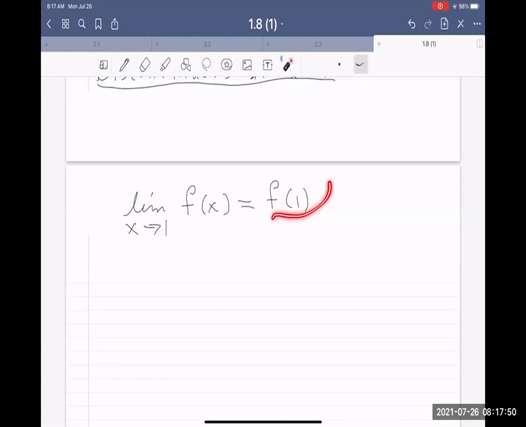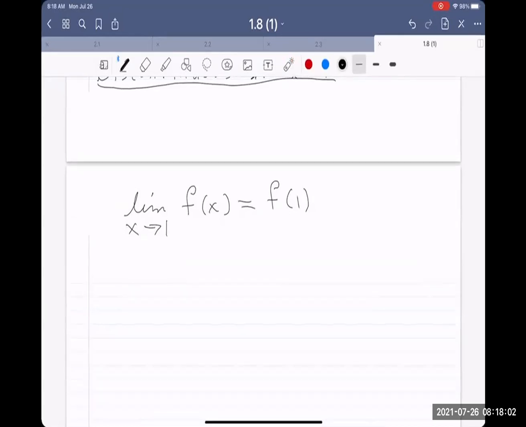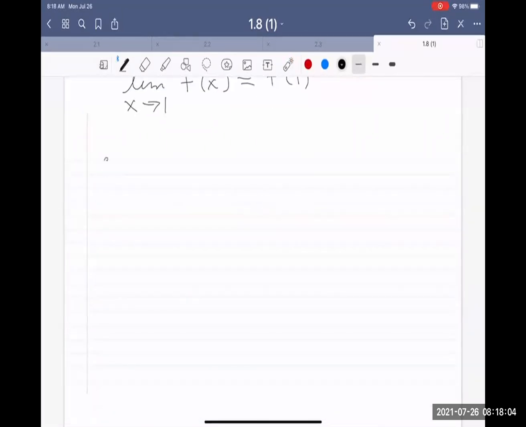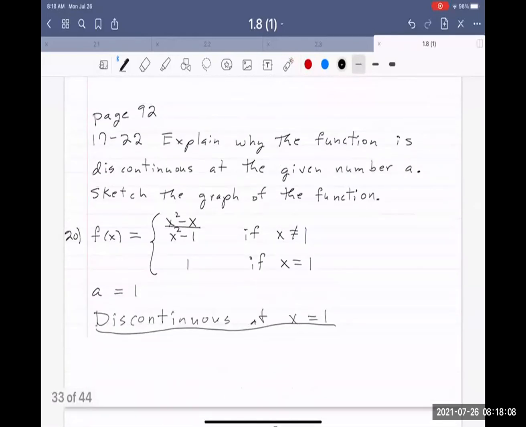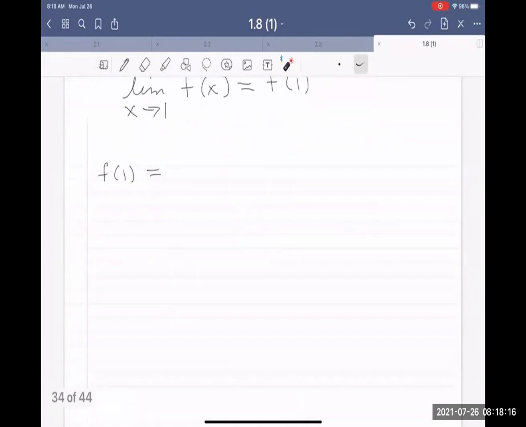So let's figure out f of 1 and the limit. Well, f of 1: when x is 1, y is 1. And so I have here f of 1 is 1.